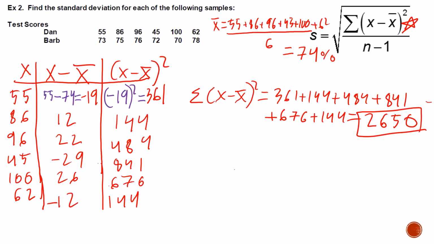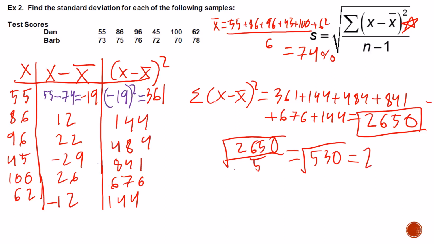Finally, you have to divide this by n minus 1. That minus 1 is mysterious. I will teach you a little bit about it later, but just notice, remember, n is the number of numbers in your data set. We have 6 here. In this case, you divide by 5, so you end up looking for the square root of 530, which gives us 23.